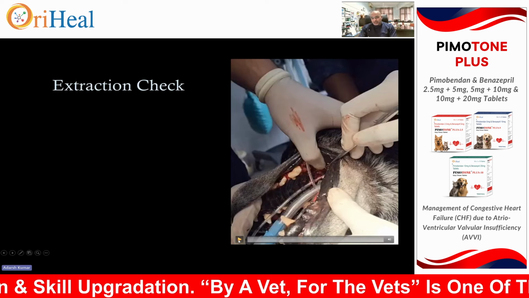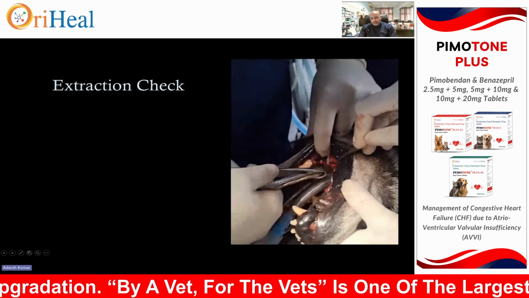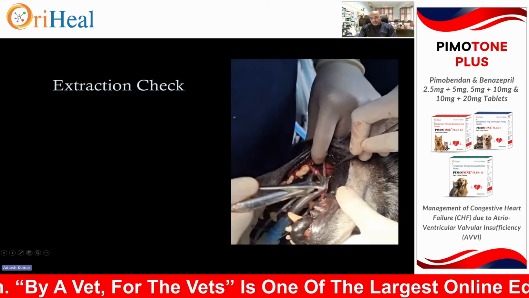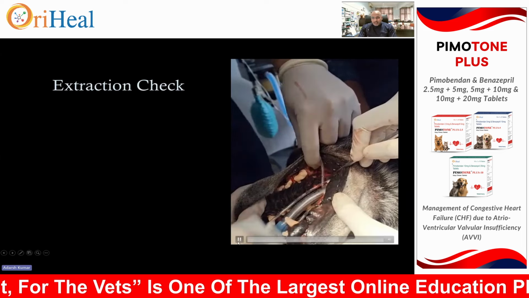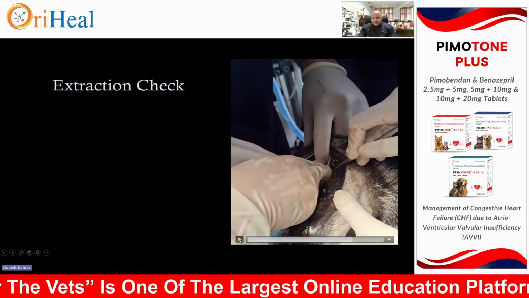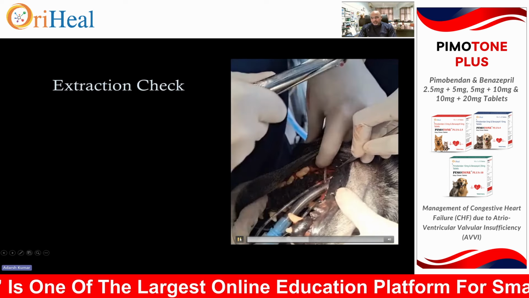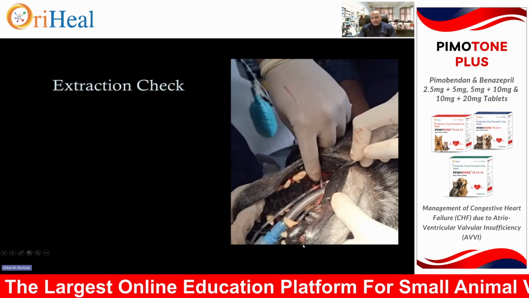Now look at this picture and observe something. So this is the loosened tooth. I'm taking it out. Once it is taken out, see, I am rubbing it with my hand. Again, see it. Did you see that? Rubbing with the hand here.